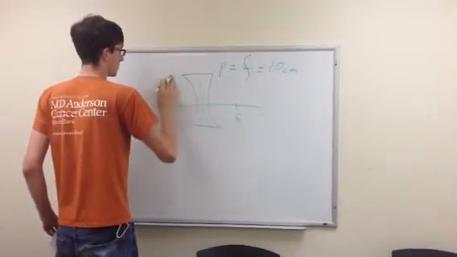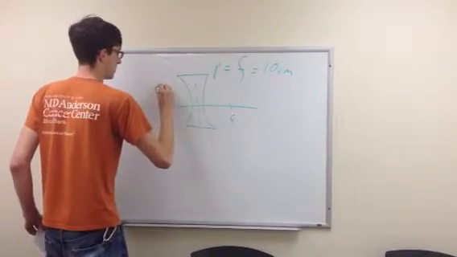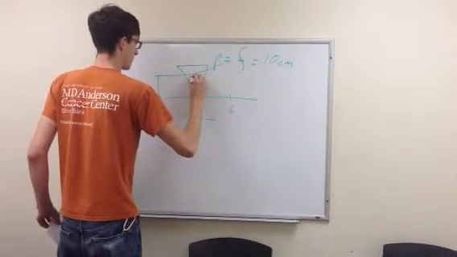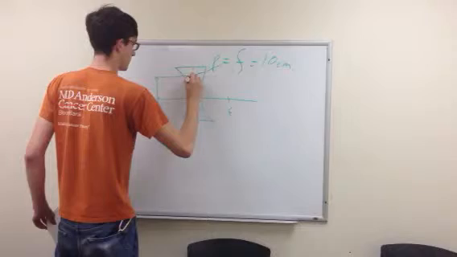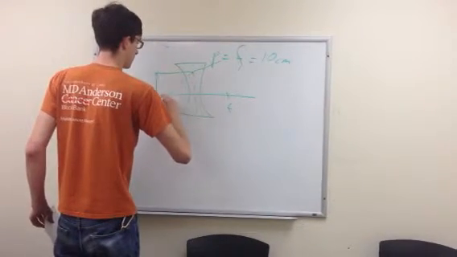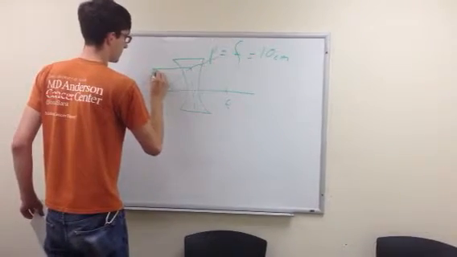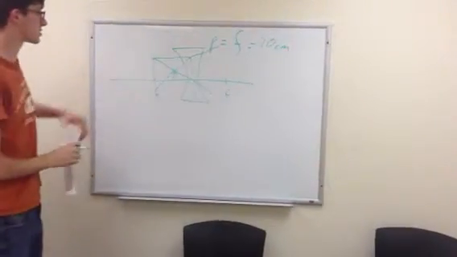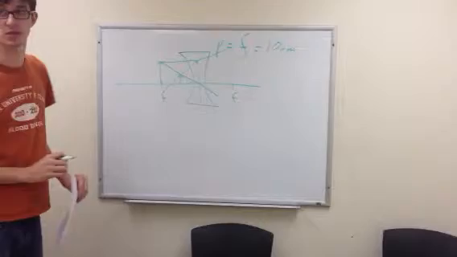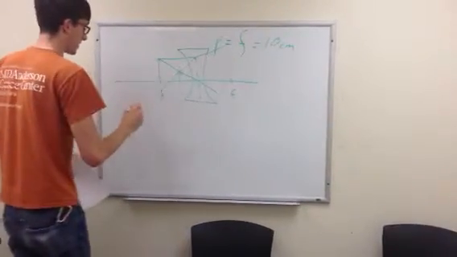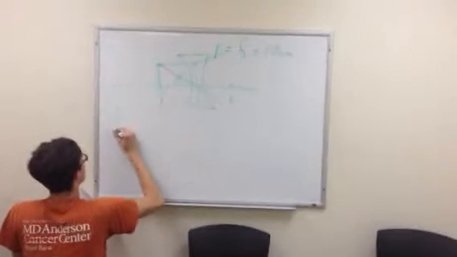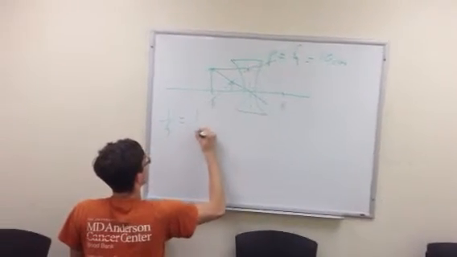We can draw one ray coming in, and we can see that at the convergence of these two rays, we have an image that formed on this side of the lens. And so we can look at this again mathematically using the same equation.